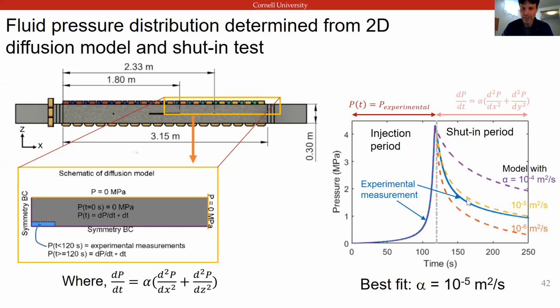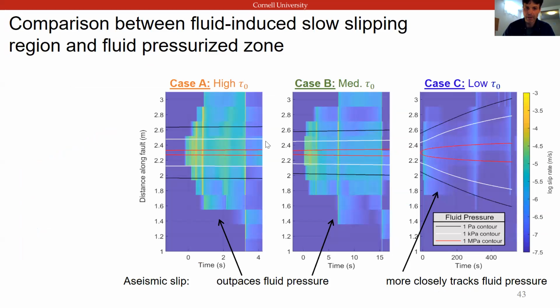So we can match the observed pressure falloff with the modeled pressure falloff and find that alpha of 10 to the negative 5th meters squared per second is the fluid diffusivity that we can expect for this interface. And we can use that to map out the pressure distribution that we would expect at various times during these experiments.